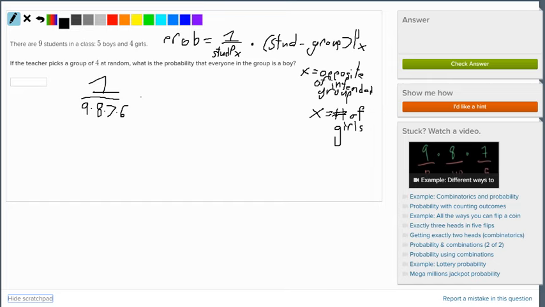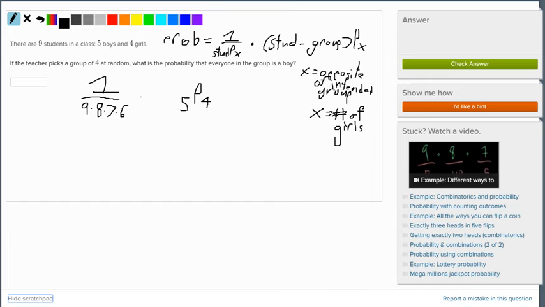Multiply this by the number of students, which is 9, minus the number of people in the random group, which is 4. Permutations of 9 minus 4 taken 4 at a time, since x is 4. 9 minus 4 is, of course, 5.